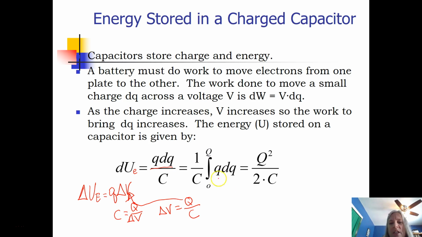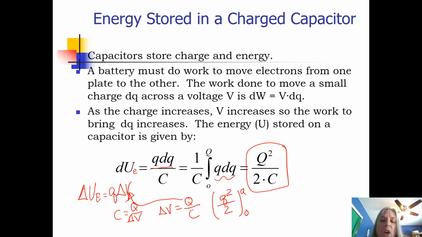The integral of Q dQ would be Q squared over 2, from 0 to Q, and 0 would just be 0. And so that's how I get this equation right here. So the energy stored in a capacitor is equal to the work that I do putting charge on the plates, and that's equal to Q squared over 2C.